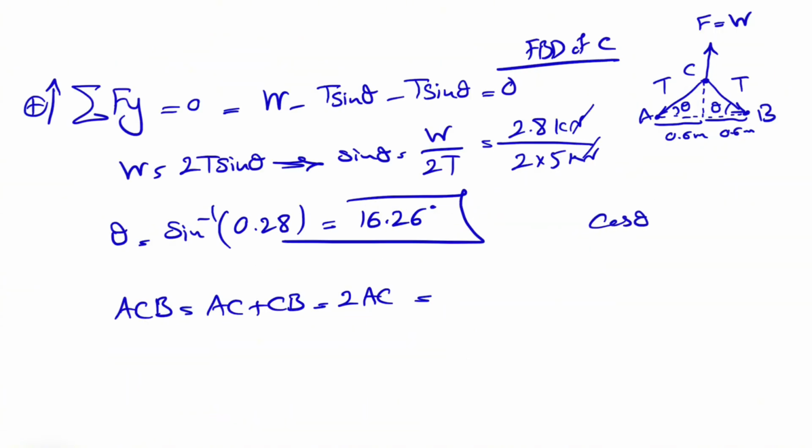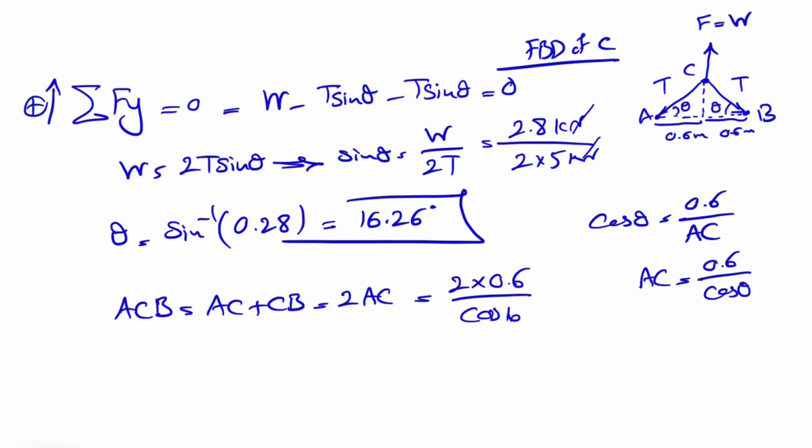So we know cosine of theta is 0.6 over AC. So AC is basically 0.6 divided by cosine of theta. So we have 2 times 0.6 divided by cosine of 16.26 degrees.